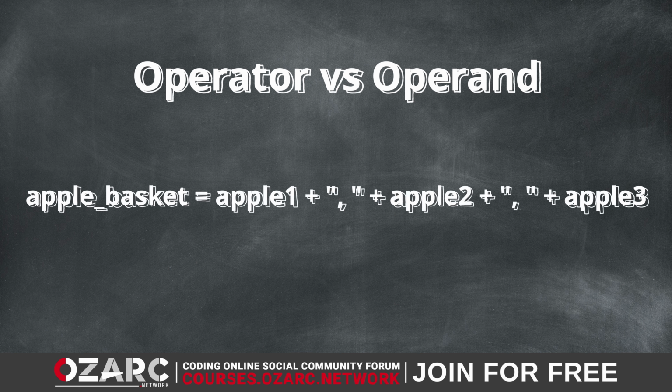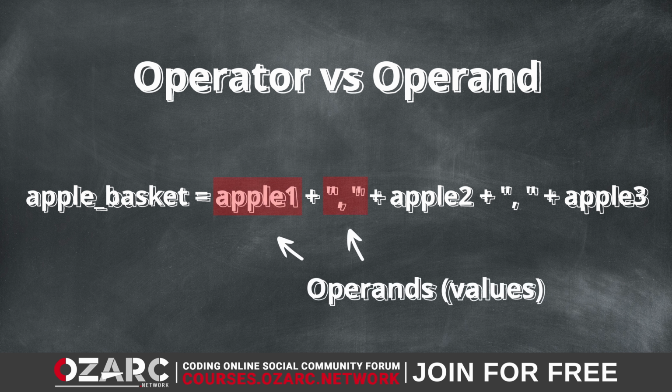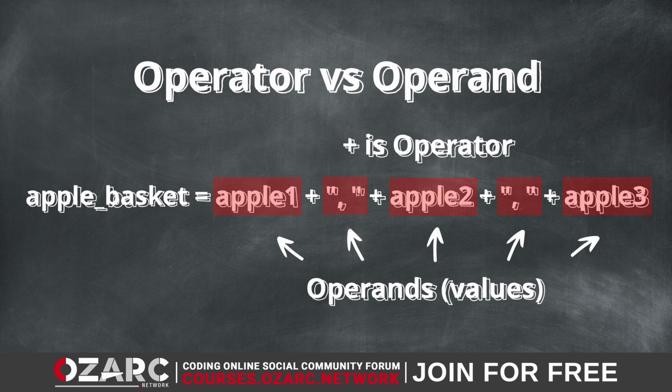If we look at our string concatenation from earlier as an example, apple1, ", ", apple2, ", ", and apple3 are the values being operated on by the plus operator. So as you can see, it's not actually as complex as it may sound, so hopefully this clears things up. With that in mind, let's now look at each of the three logical operators.